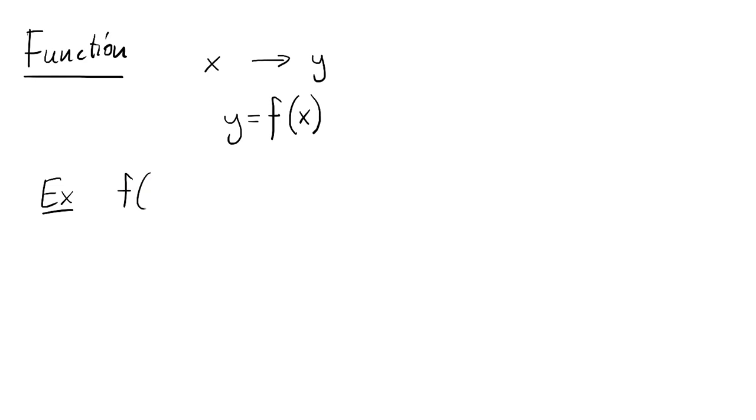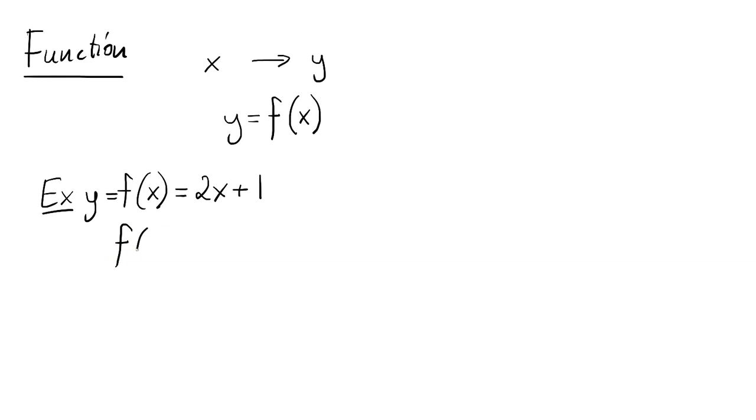For example, f of x equal to 2x plus 1. This means that if you plug in the number x, the number f of x, that is also y, you will get out is equal to 2 times that number plus 1.